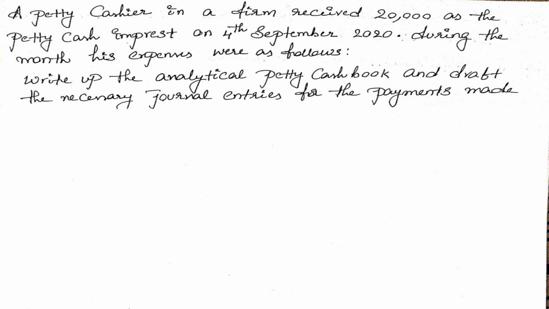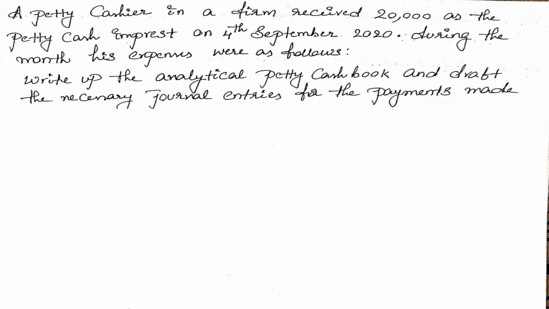The problem states the petty cashier has received 20,000 as the petty cash imprest. That means it is considered as opening balance amount. Imprest amount means when you are giving an amount in advance to anybody, that is called imprest.